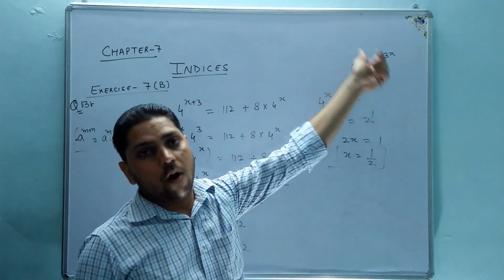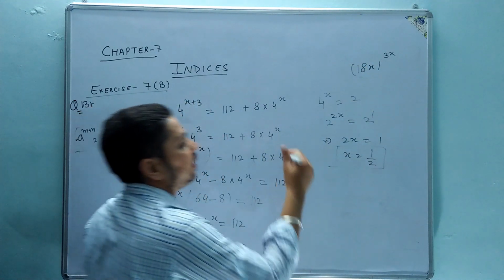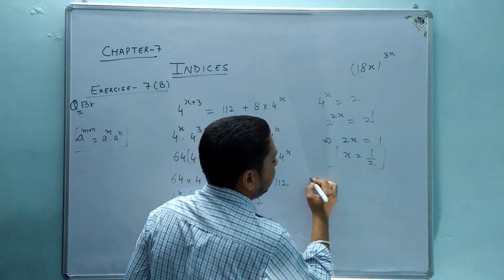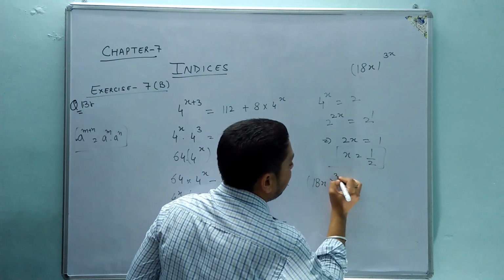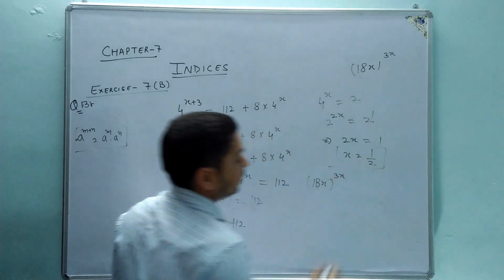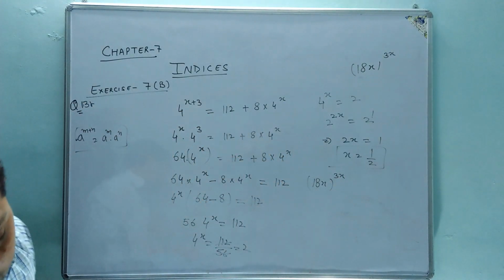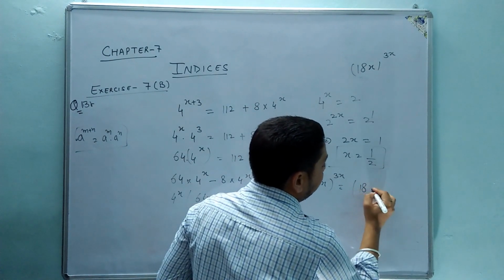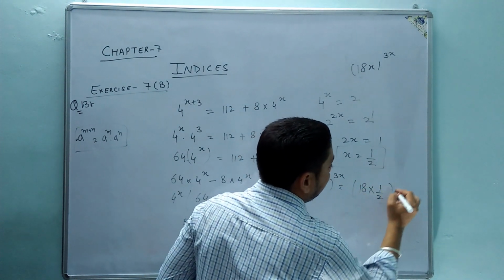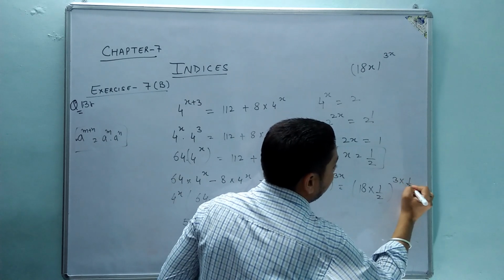Substitute the value of x in this expression, 18x raised to power 3x. This will give you 18 multiplied by 1 over 2 raised to power 3 into 1 over 2.